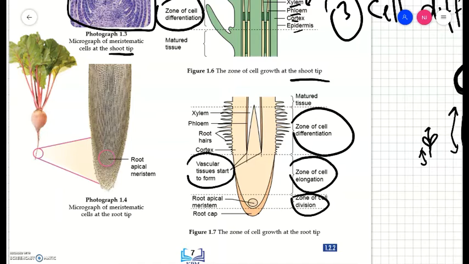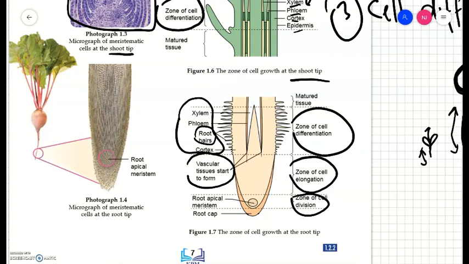Belum lagi betul-betul ada, tapi it starts to form. When the cell enters the zone of cell differentiation, barulah clearly ada xylem, phloem, root hairs. Root hairs ni sebenarnya a modified epidermal cell. Dia sebenarnya epidermal tissues, tissue surface, tapi disebabkan it's under the ground, it's on the root, dia jadi root hairs.